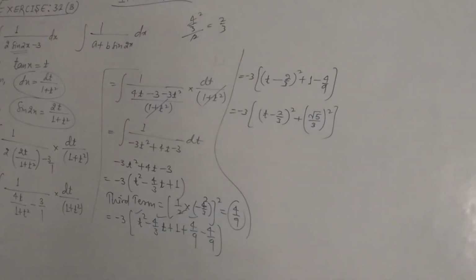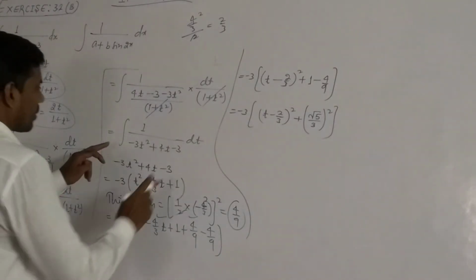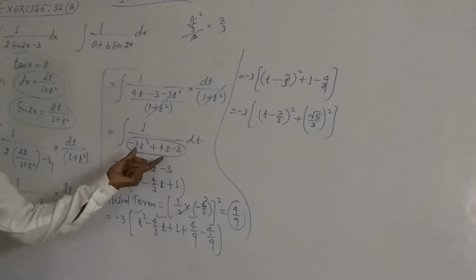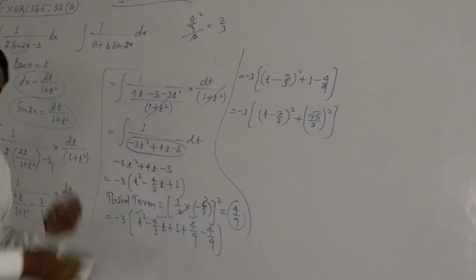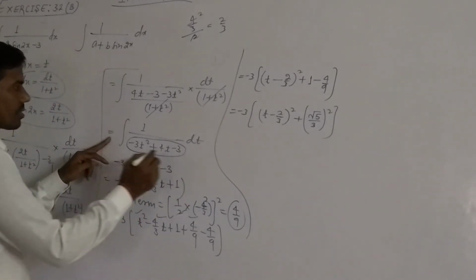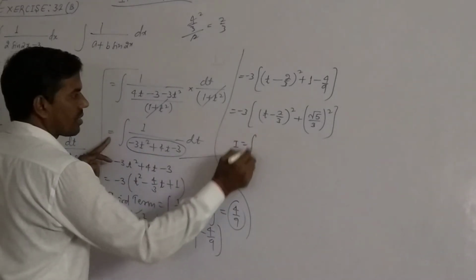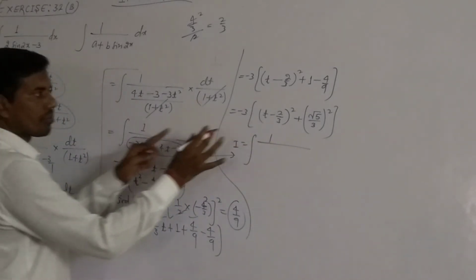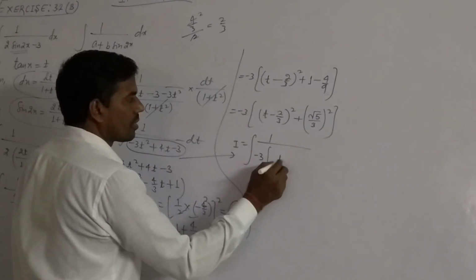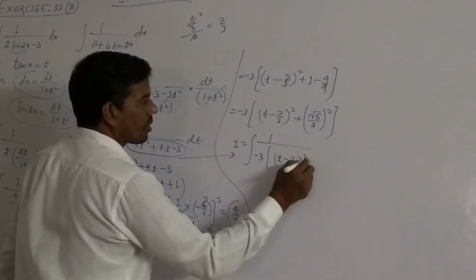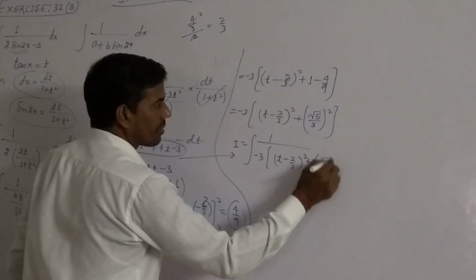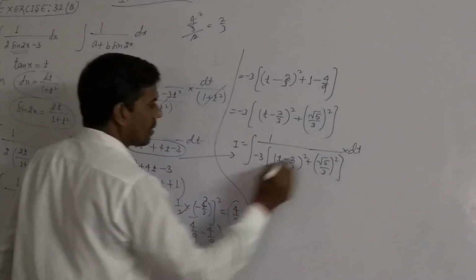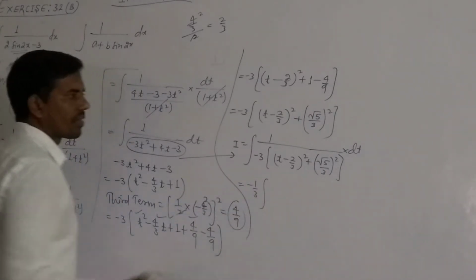So minus 3t square plus 4t minus 3 is converted into this form. Here we have I is equal to 1 upon this quadratic expression converted, that is minus 3 times t minus 2/3 whole square plus root of 5/3 whole square, dt, and this is equal to minus 1/3 times the integral.